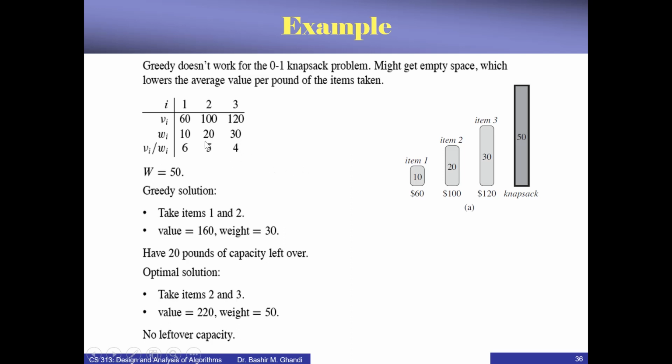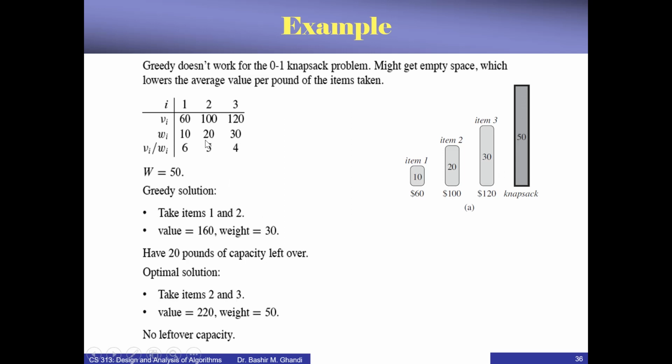So the most valuable item is item 1. Now, if you are going to solve the 0-1 knapsack problem based on this, the greedy choice says go with the one that is most valuable. So we're going to take item 1. He will have already occupied 10 out of his 50-pound allowance in his sack.